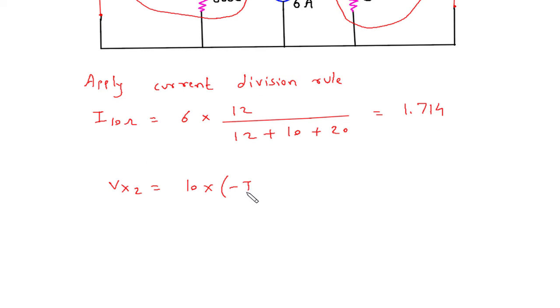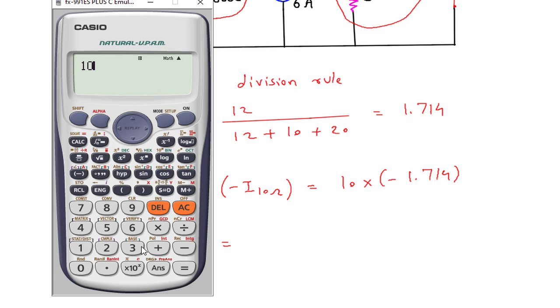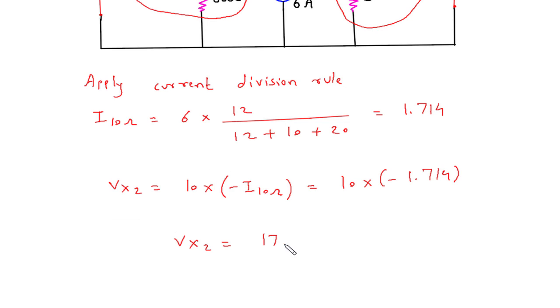So this will be 10 into minus 1.714. Therefore Vx2 is equal to 10 into minus the answer, so minus 17.14 volt is Vx2.